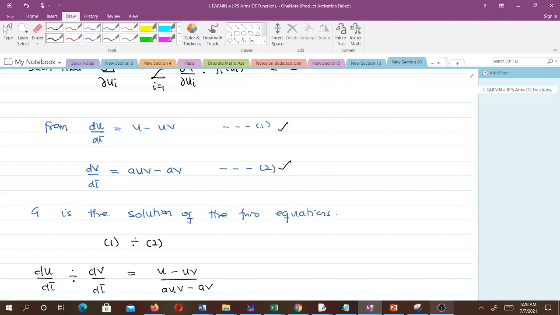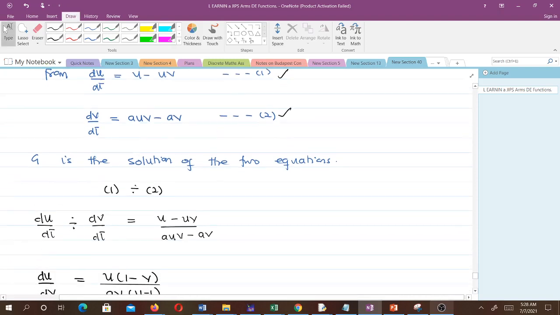So we have to find that g. To get it, we perform phase plane analysis on the two equations, so we take equation 1 divided by equation 2. That gives us what you can see here.